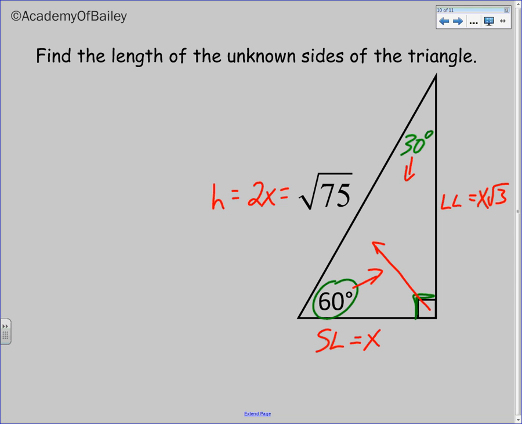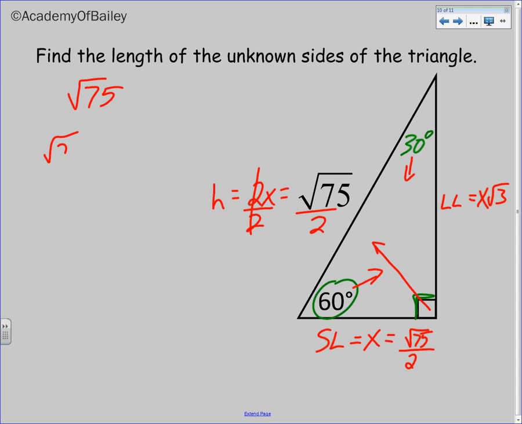Okay. Well, how do we get this? Look at the hypotenuse, divide by 2, leaves us with x is equal to the square root of 75 divided by 2. But you know what? I'm not a big fan of the square root of 75.